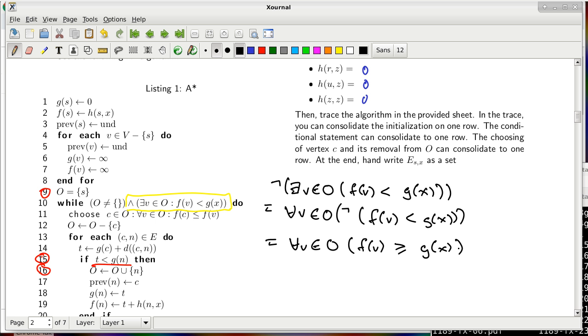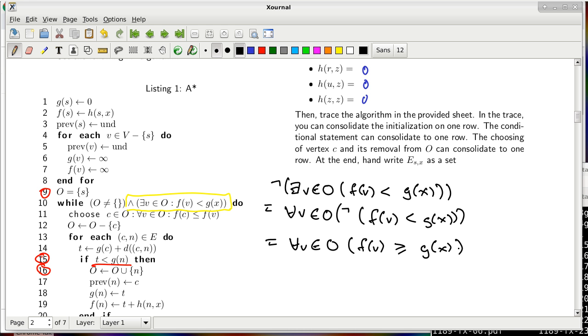That would be g. Yep. f is the one that incorporates the heuristic on top of knowing how much to get there. So let me just repeat that one more time. g of x is the actual length of the path from the start vertex to the destination vertex.